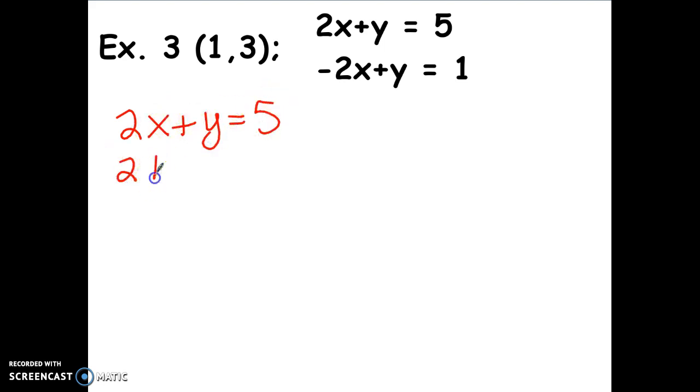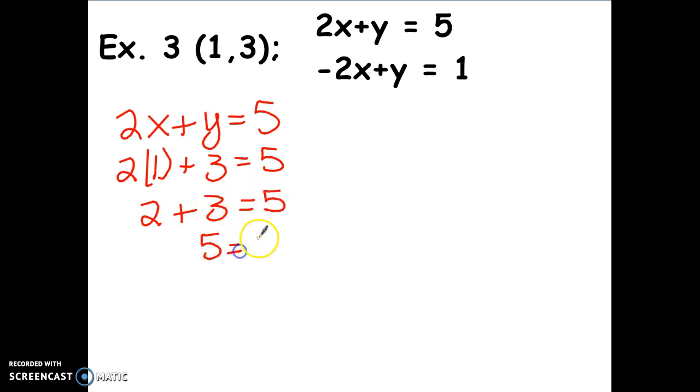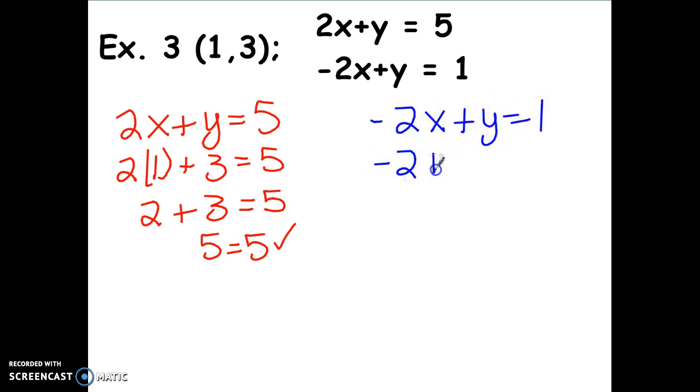Okay, in place of x, we'll put 1. In place of y, 3. 2 plus 3, 5 equals 5. That is correct. In place of x, again, we'll put 1.